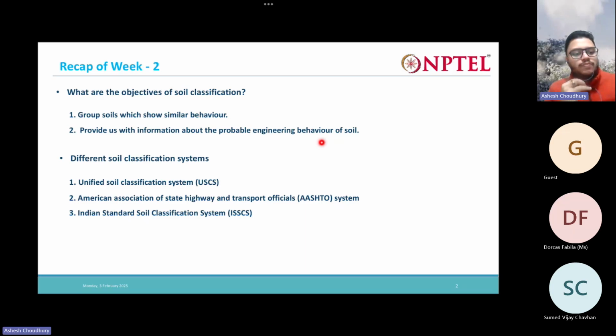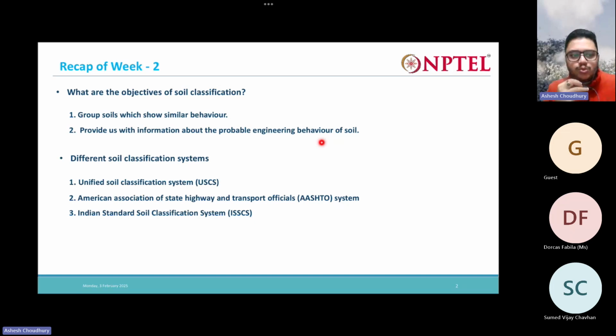There are different types of soil classification systems. We have the USCS, the Unified Soil Classification System. Then we have the system given by AASHTO, the American Association of State Highway and Transportation Officials. And then we have the Indian Standard Soil Classification System.